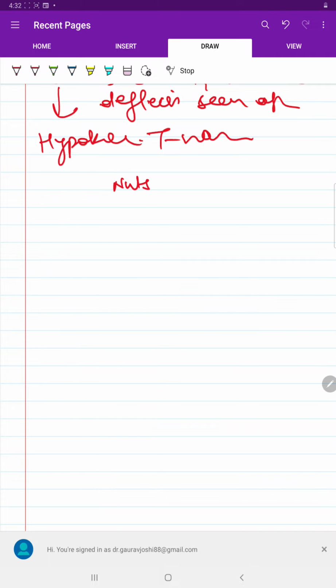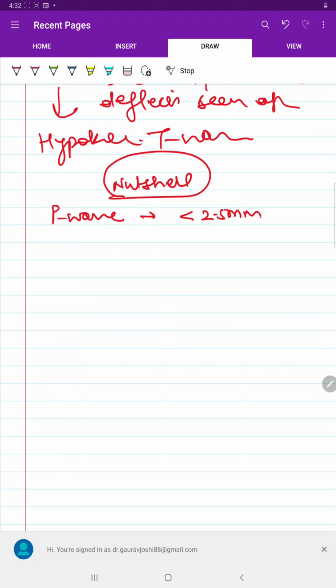In a nutshell, if you want me to write it, the P wave is less than 2.5 mm in amplitude and less than 3 small squares in horizontal, 0.12 second.